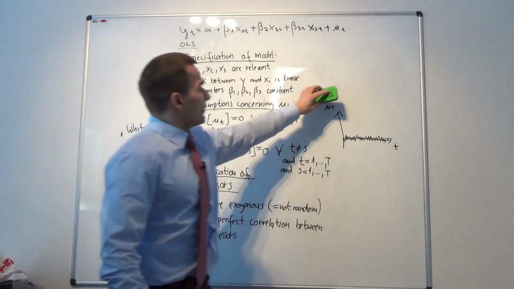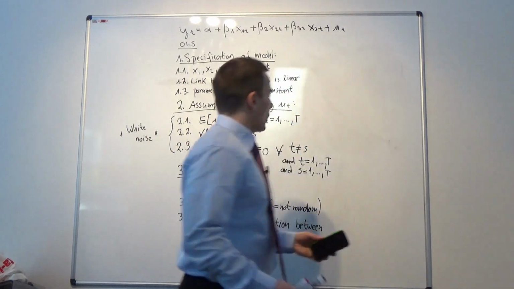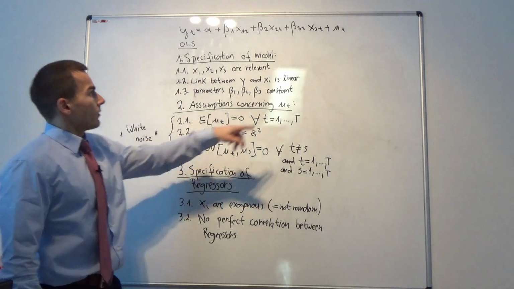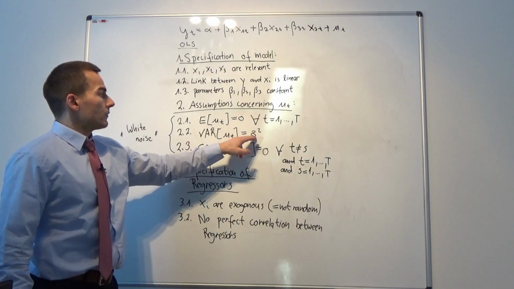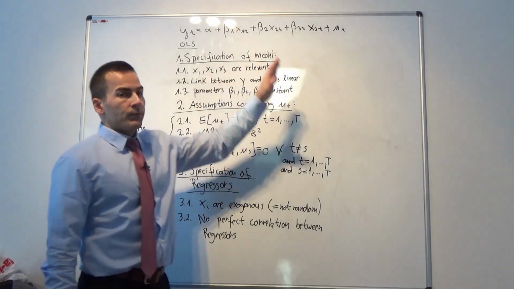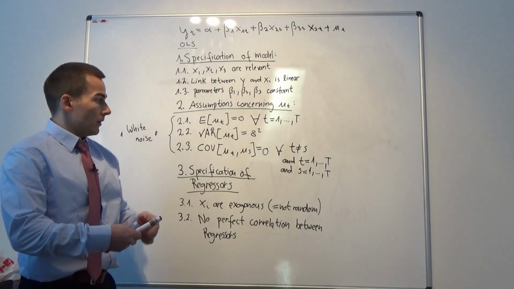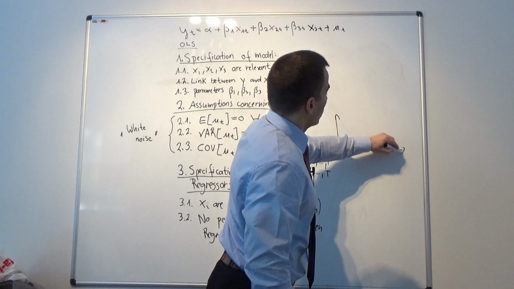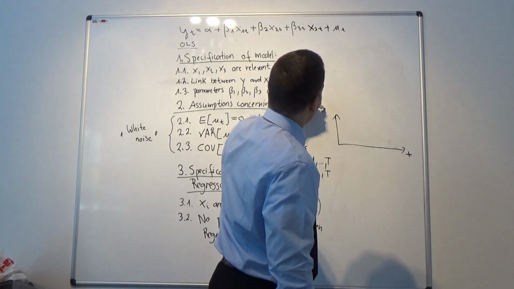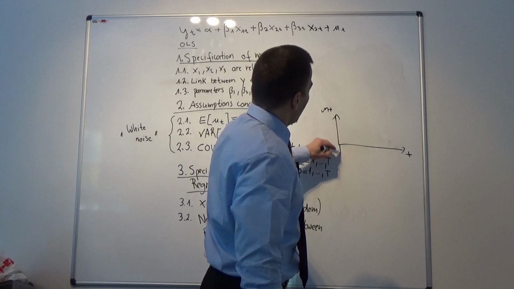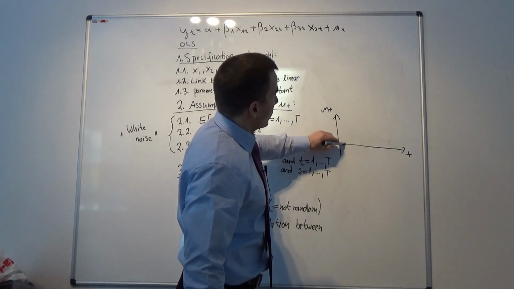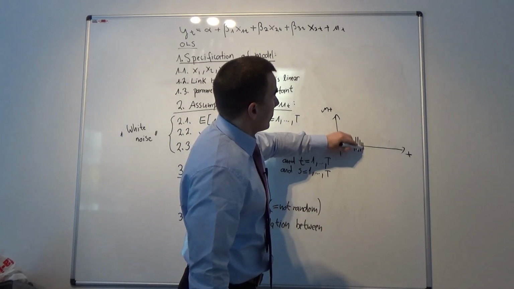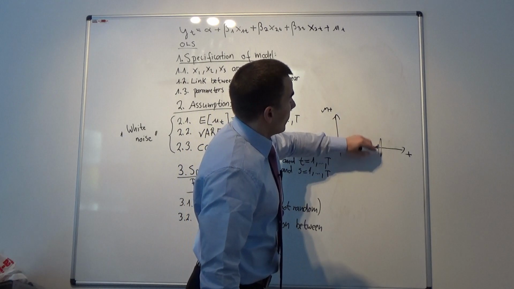Moreover, what we also assume is that the variance of our errors is the same, sigma square, for all of our observations. So what we do not want to see in the data, as we discussed already in the beginning of the lecture, is that all of a sudden the variance is changing.